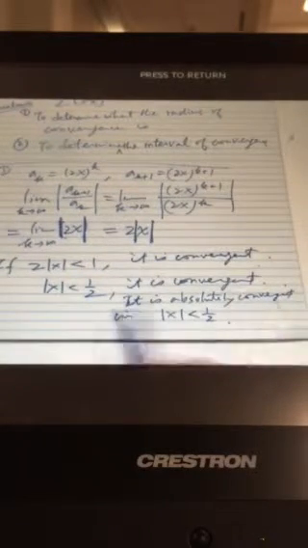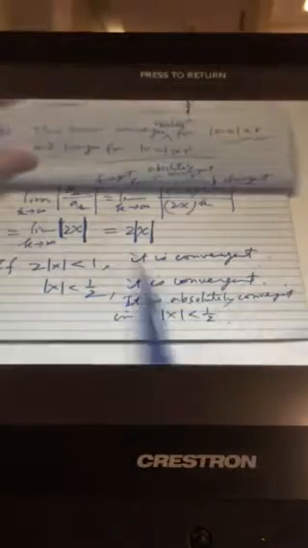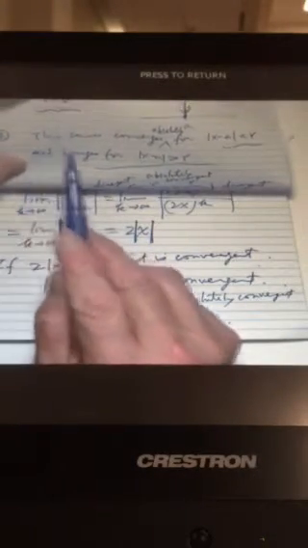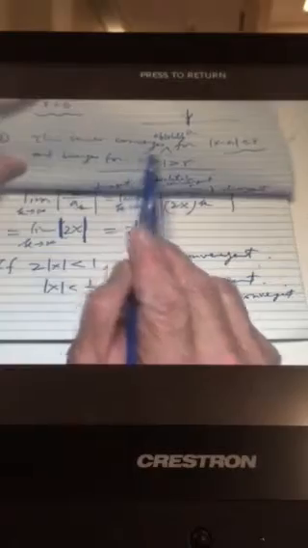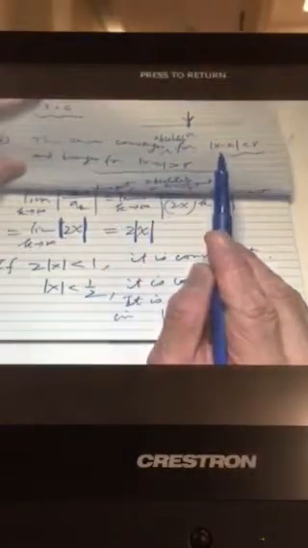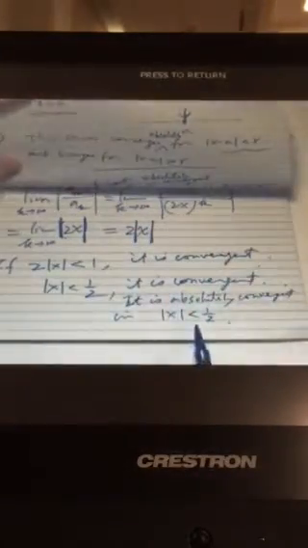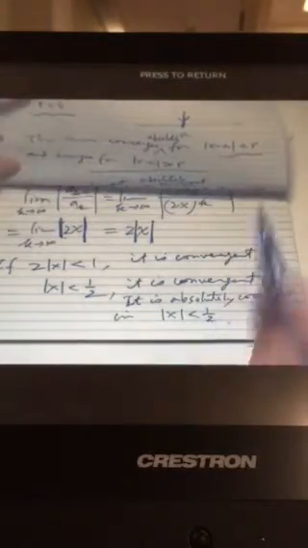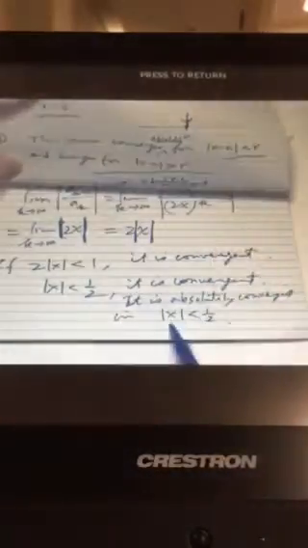So if I look at this wording and my definition, number 2: this series converges absolutely for |x - a| < r. Here a is 0, r is 1/2. Okay, r is 1/2, a is 0.